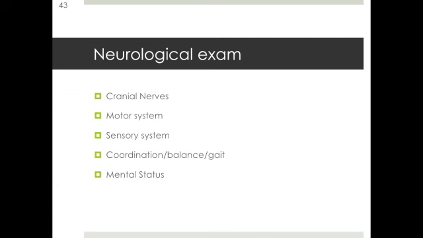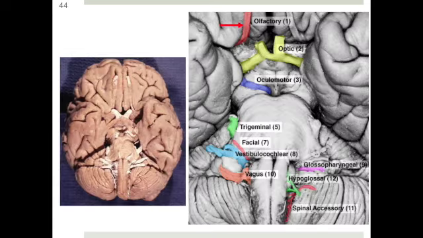Now, what do we mean when we're talking about cranial nerves? The cranial nerves are a group of 12 different nerves emerging from the bottom of your brain, right? They connect your brain to other parts of the central and peripheral nervous system. You don't have to memorize all the different nerves here, but this is just a snapshot.